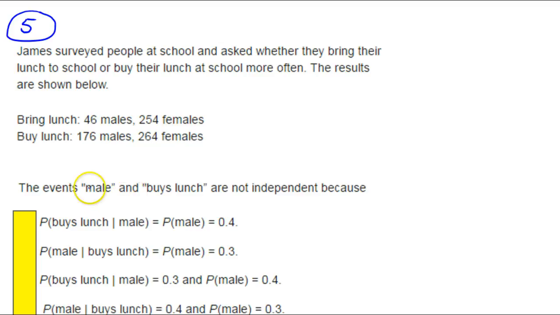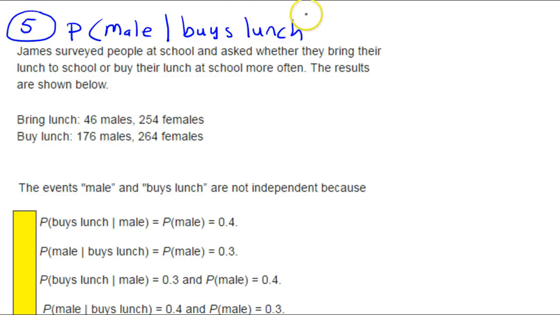Just like the previous problems that we've done, the main thing to understand is that if you want to show whether or not two events are independent, you have to do this. Male and buys lunch: the probability of male given buys lunch, we would check to see if that's equal to the probability of male all by itself.